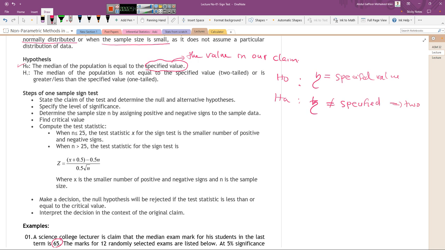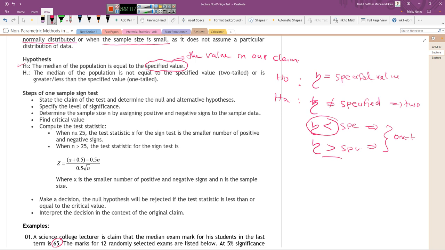Sometimes it may be eta less than the specified value, or eta greater than the specified value, in which case we take a one-tailed test: left tail and right tail. This is what we have studied under hypothesis testing.